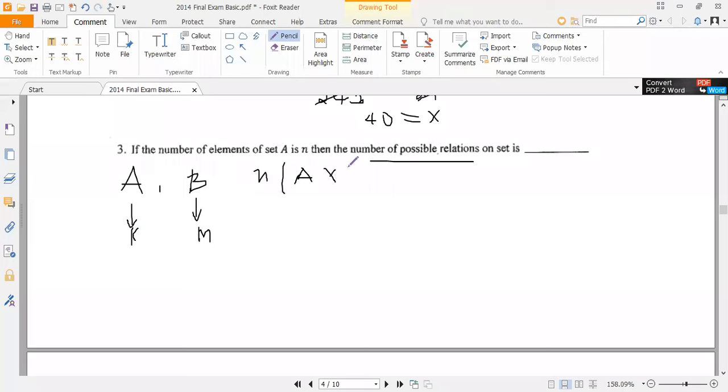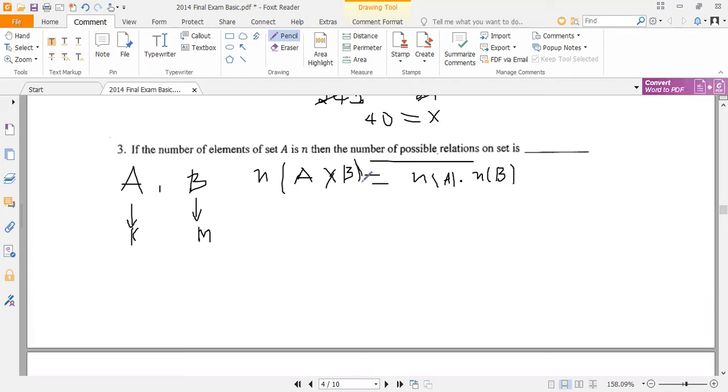The number of elements of A cross B is equal to the number of elements of A times the number of elements of B. That is the number of elements in the Cartesian product.